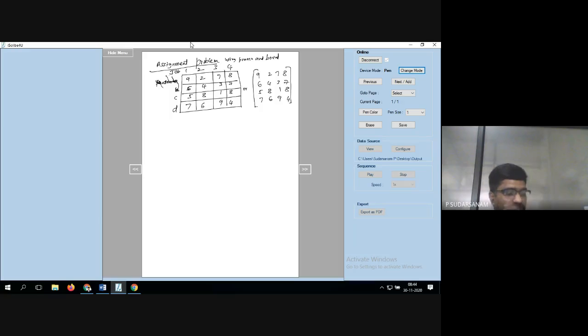Using branch and bound. So already I told you the first step, there is no doubt for you people. Take the minimum value of each row. So the first row minimum value is nothing but the lower bound. LB is equal to 2 plus 3 plus 1 plus 4, that is equal to 10.